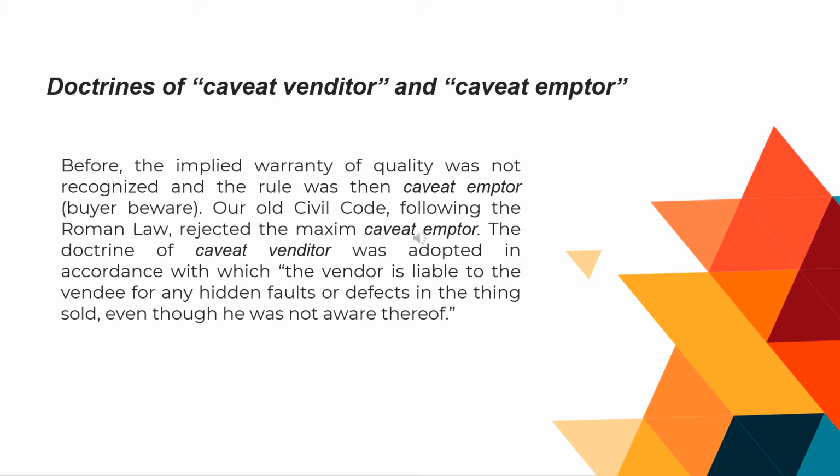That was stated in Article 1585 in our previous code, but now in Article 1566 of our Civil Code of the Philippines. Now, this doctrine is based on the principle that a sound price warrants a sound article. With respect to third persons, however, the rule of caveat emptor still applies. So it is still existing at some point.